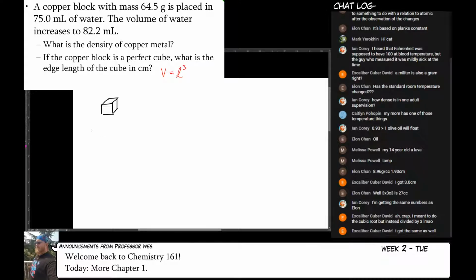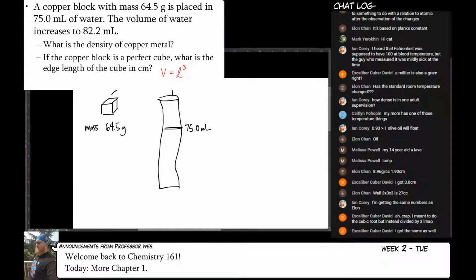And my block has mass 64.5 grams. I'm going to put this in a graduated cylinder here. And the graduated cylinder, I don't know, it's a little wavy, I guess, whatever, has 75 milliliters of water in it.